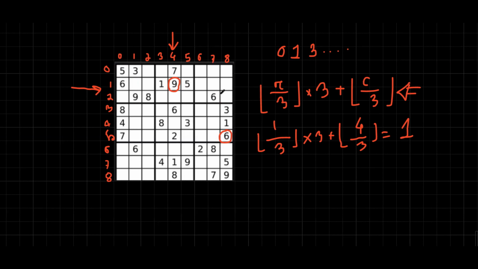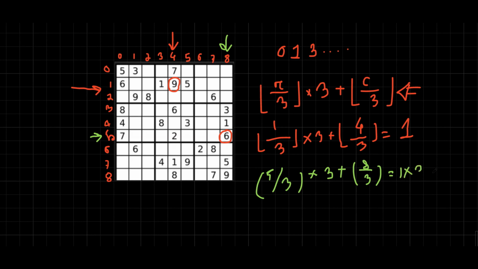So here, for this element 6, the row value will be 5, so it will be 5 divided by 3 and multiplied by 3. And for the column, it is 8, so it will be 8 divided by 3. Now here, 5 divided by 3 with integer division will be 1, multiplied by 3, plus 8 divided by 3, which will be 2.